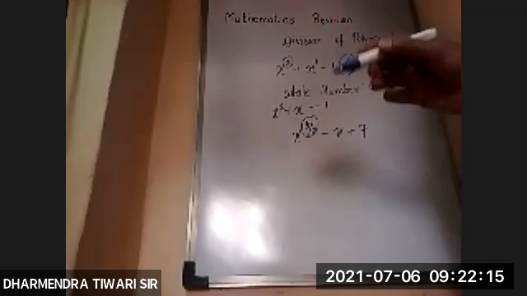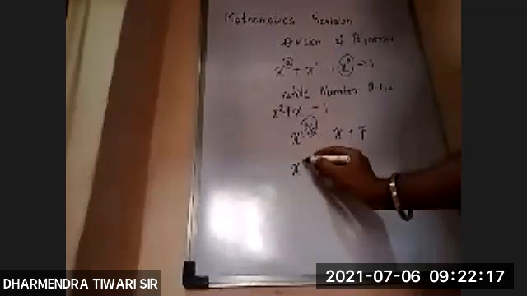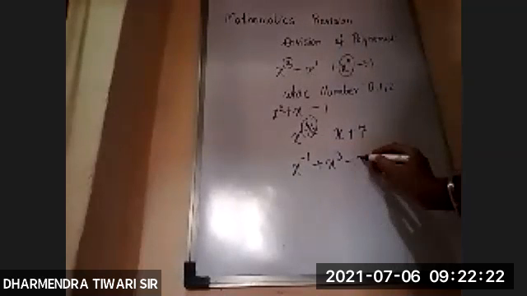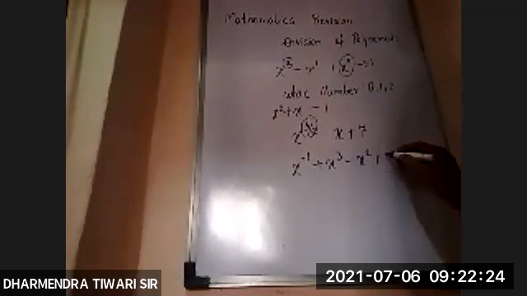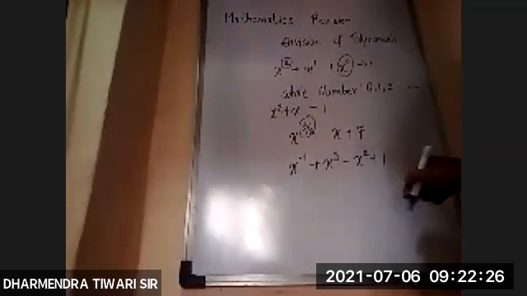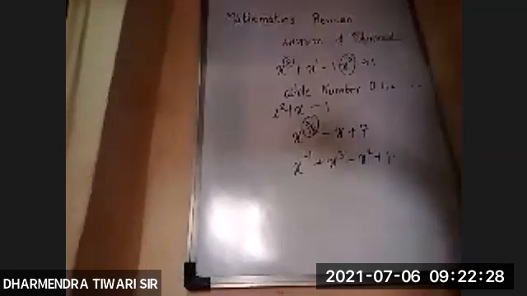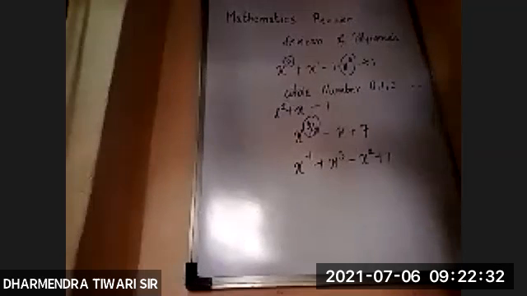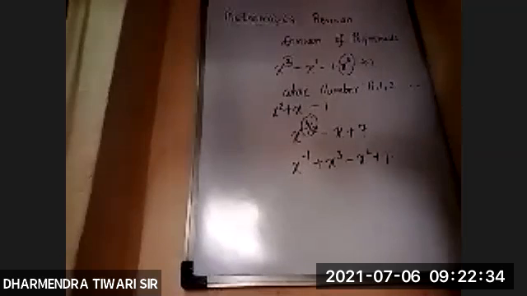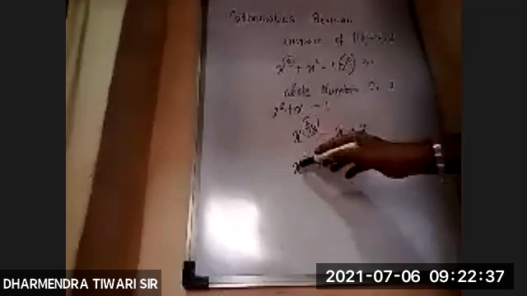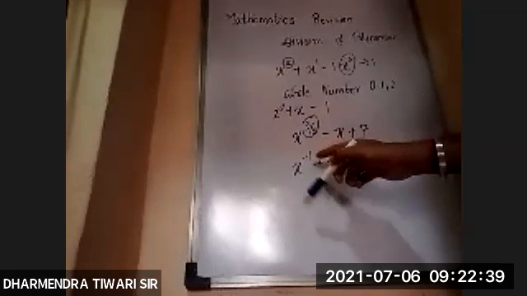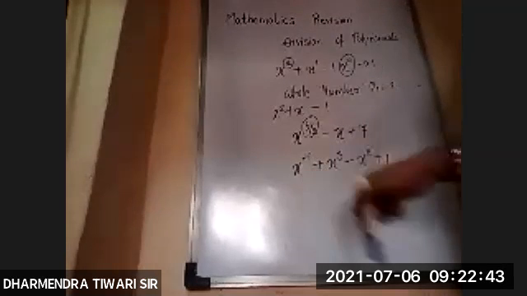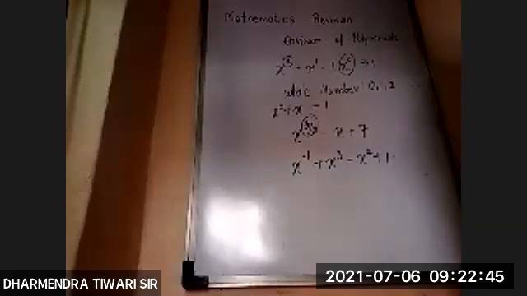One more example, say x raised to minus 1 plus x raised to 3 minus x square plus 1. Is this expression a polynomial? The answer should be no, because the index of the variable x is not a whole number, and hence it is not a polynomial.